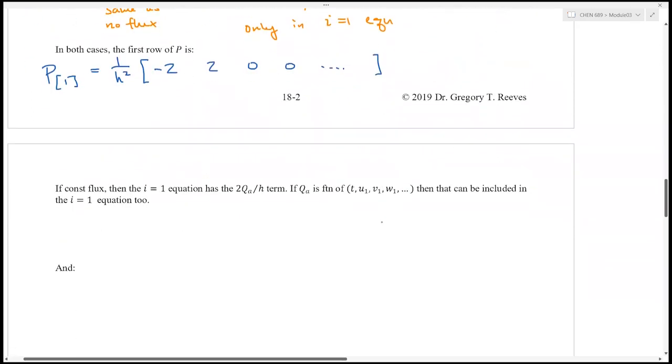Okay, so now we're going to look at the i equals n equation. And it's very similar to what we just talked about. There are a couple differences that we'll watch out for, and I'll point those out when we get there.